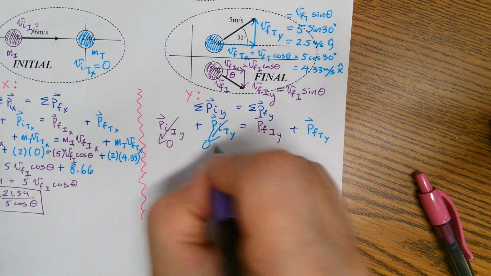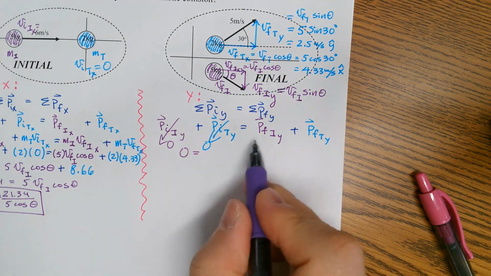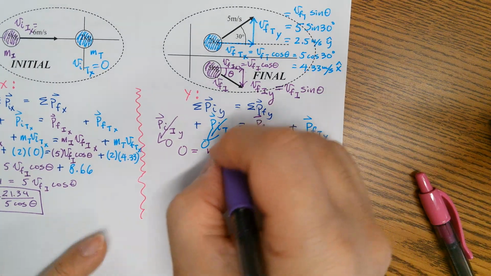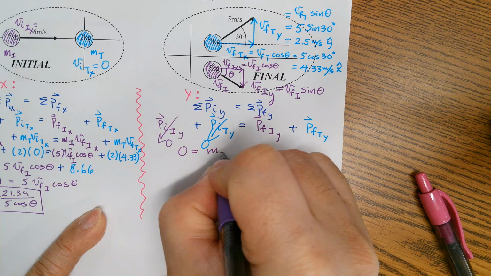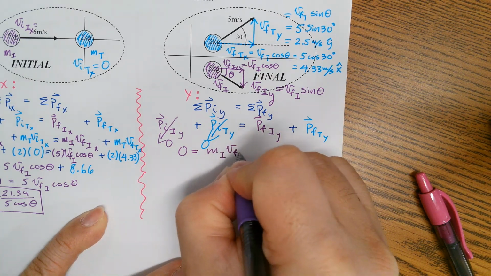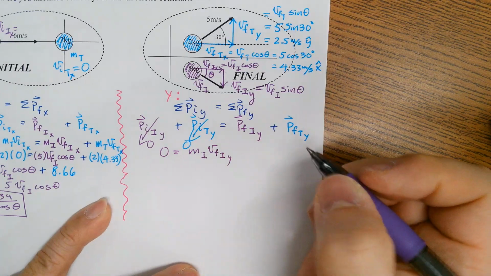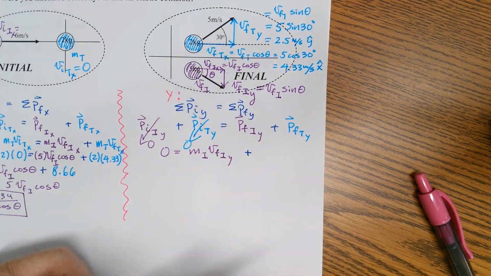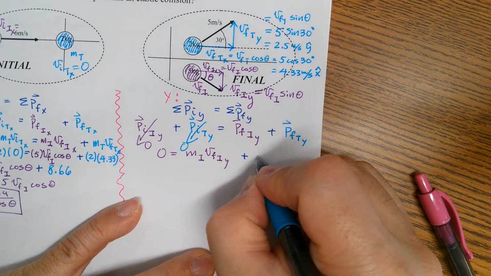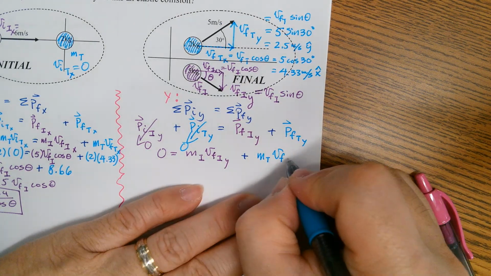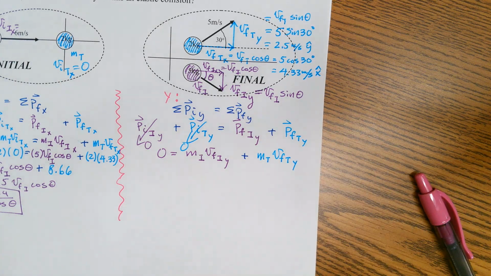So 0 is equal to m incident times v final incident y, plus m target times v final target y.